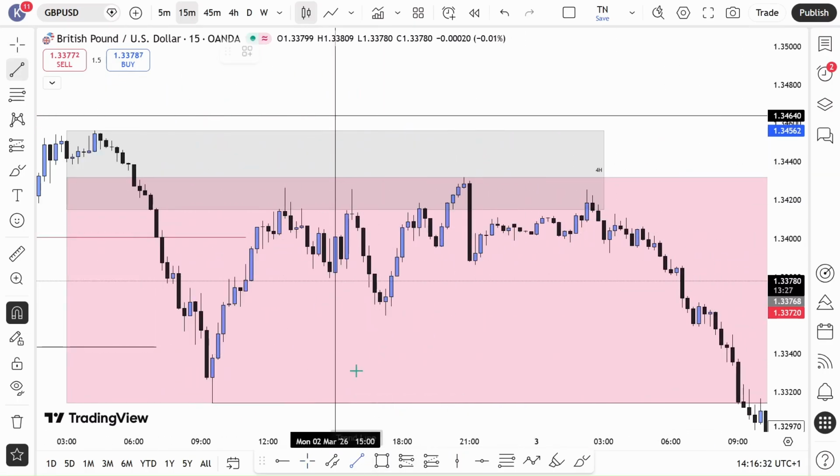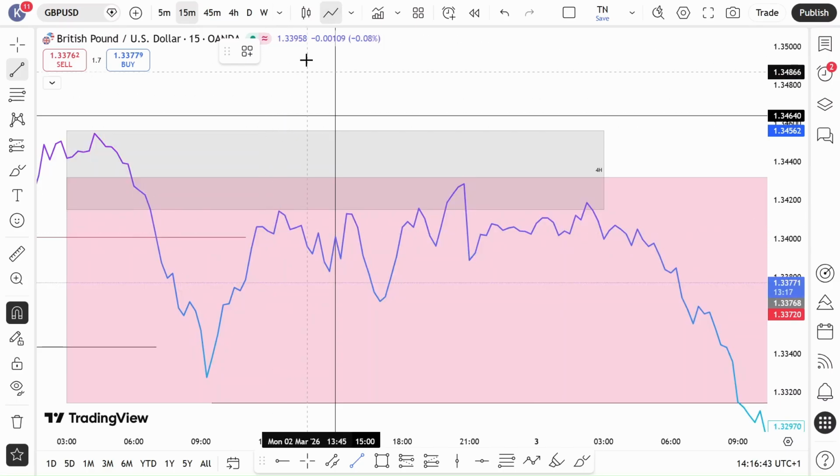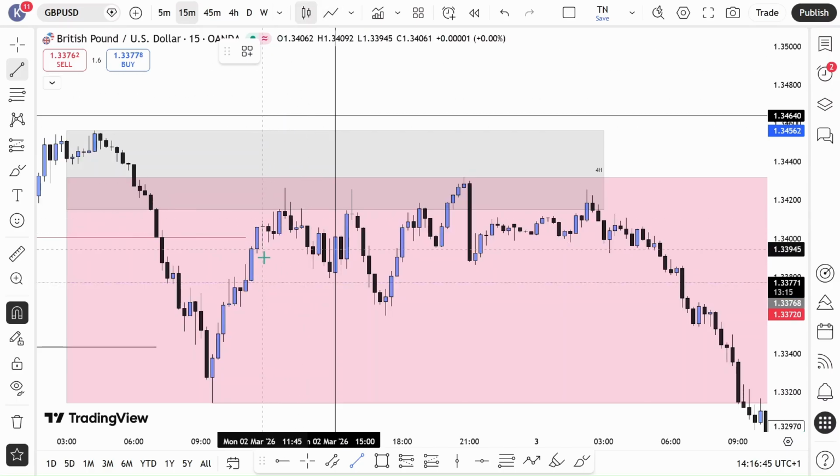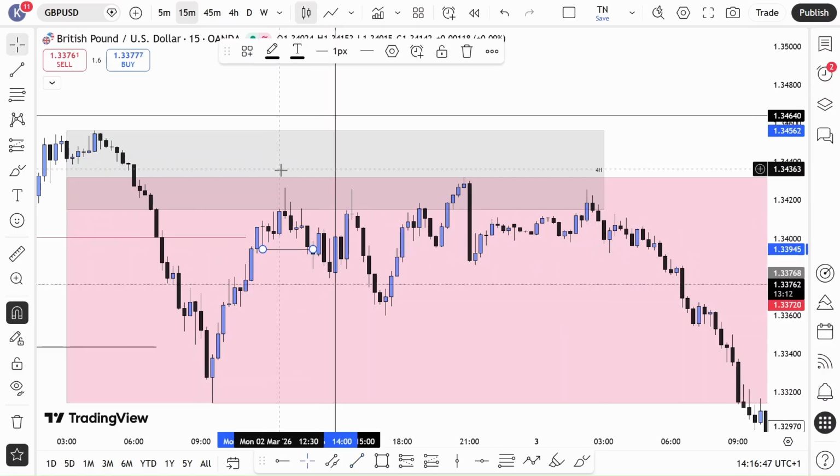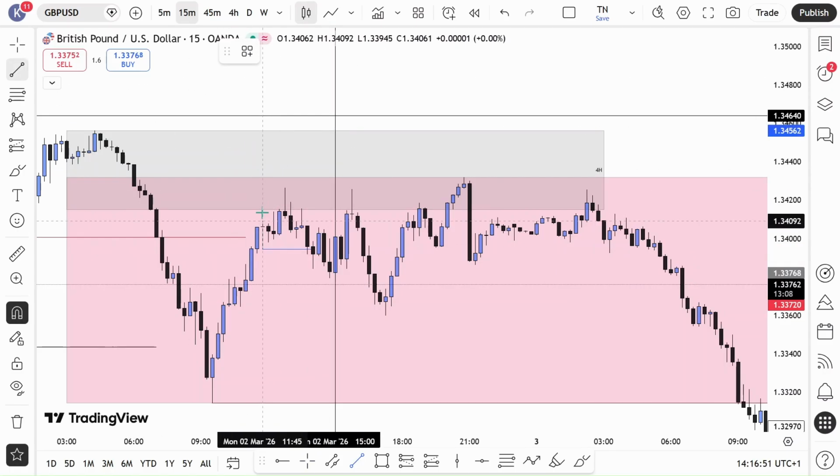I had this level there. You see this up, down, up? If you go to your line chart, it is very visible there. We had this low that was actually taken. For me it was my 45 minutes: a break, then the break of that point.